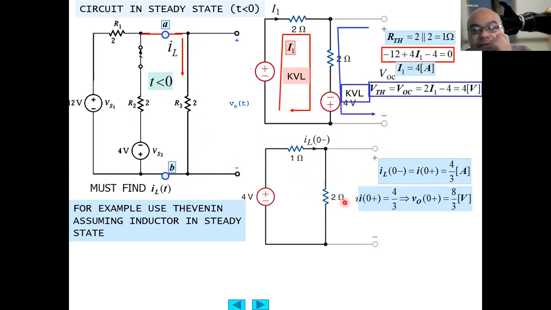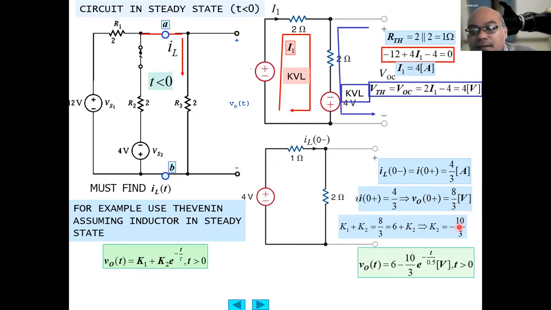So the current just before the switch is turned on equals the current just before the switch is turned off. It is 4 over 3. It means the V output at the 2 ohm equals 4/3 times 2 ohm equals 8/3 volt.